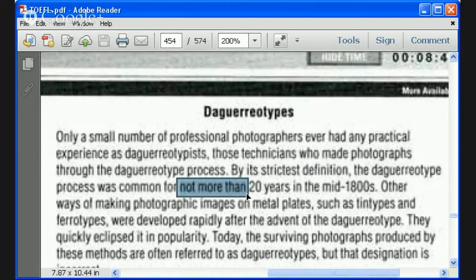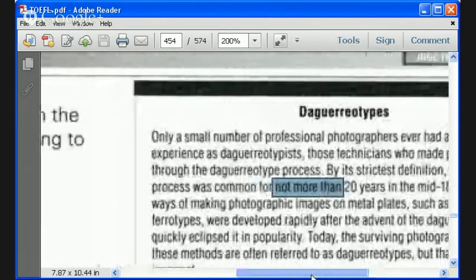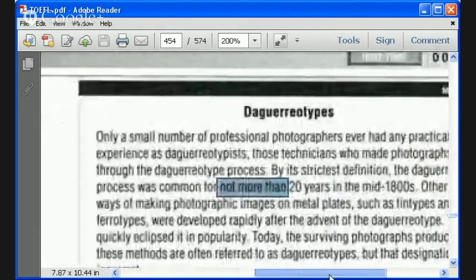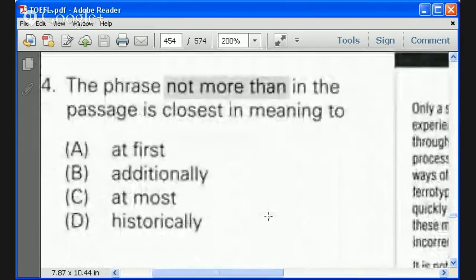Now, you wouldn't normally say that or write that in English, but that is the idea rephrased in your own brain, in your own words. That's the idea. What I'm trying to show you here is a strategy to save time. The first thing to do, if you can think of a substitute by just looking at the sentence quickly, is that you're going to be very confident in your answer.